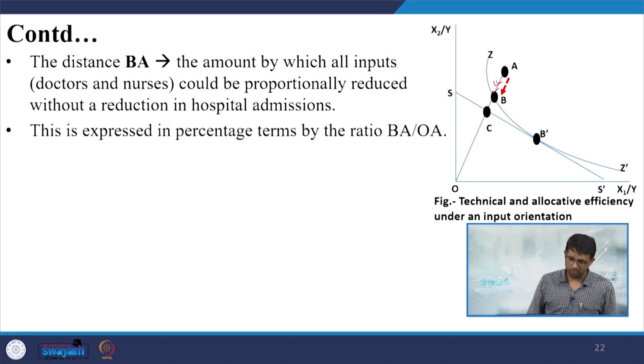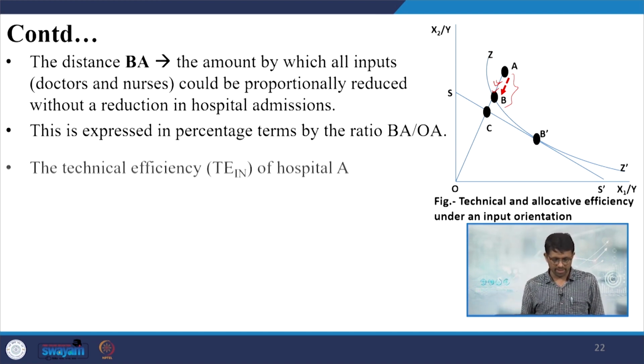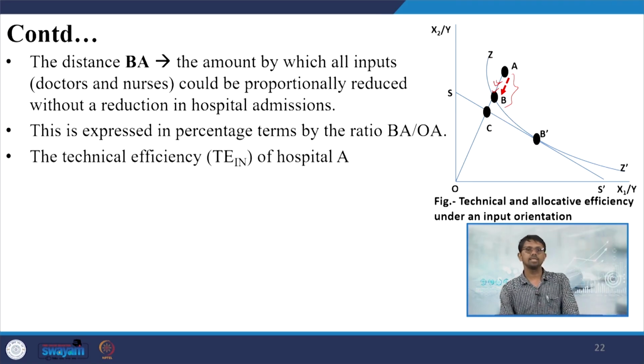This is expressed in percentage term by BA by OA. This is basically inefficient proportion. This proportion out of the total combinations of input and output, this distance could be actually minimized. So, then how to measure technical efficiency in this case?